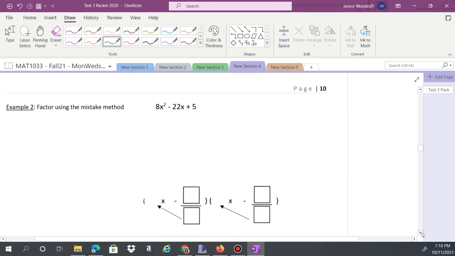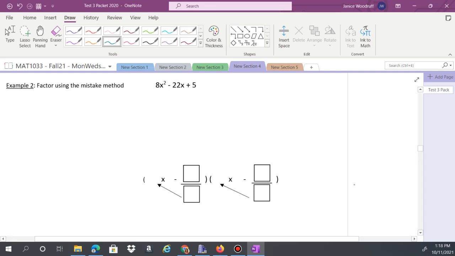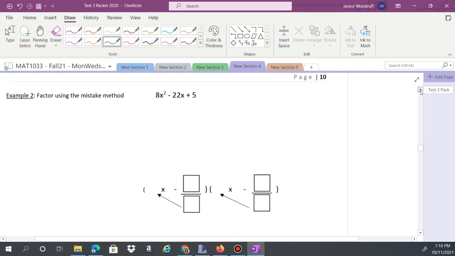Let's do another example of the mistake method. So we have 8x squared minus 22x plus 5. Because of that 5, I can't divide by 2. It doesn't look like I have a GCF. So 8 times 5 is going to give us 40. And then I want factors of 40 that combine to negative 22. So what do you guys got for me?